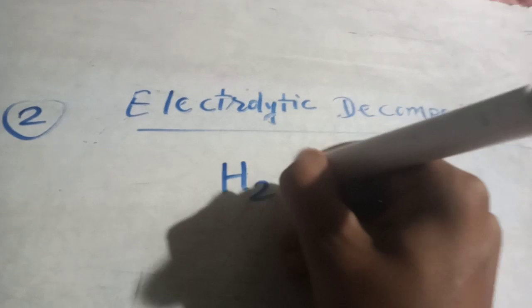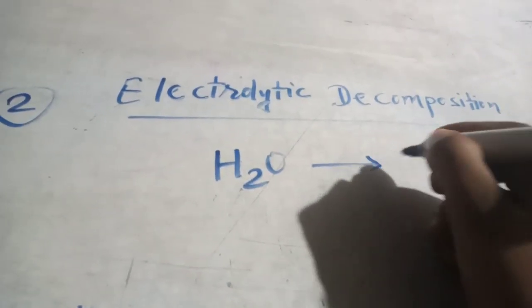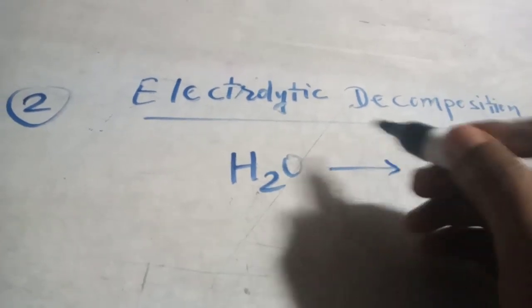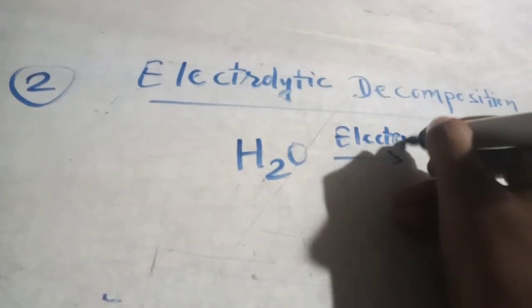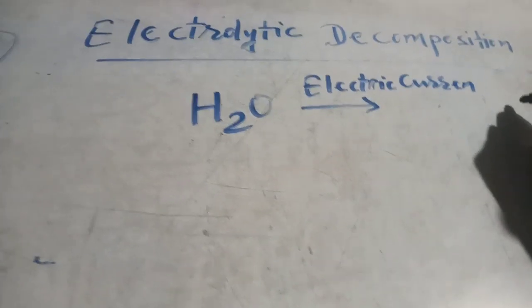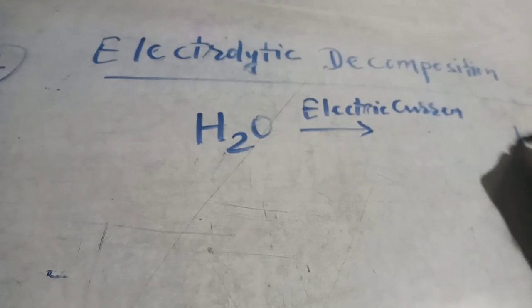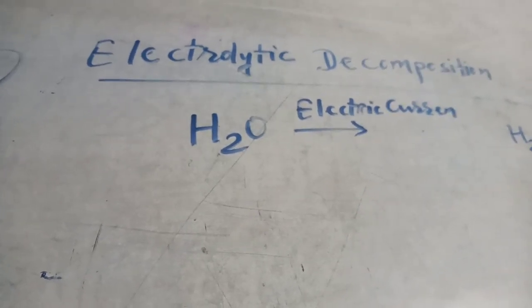When you supply electric current to water, it will form H2 plus O2.